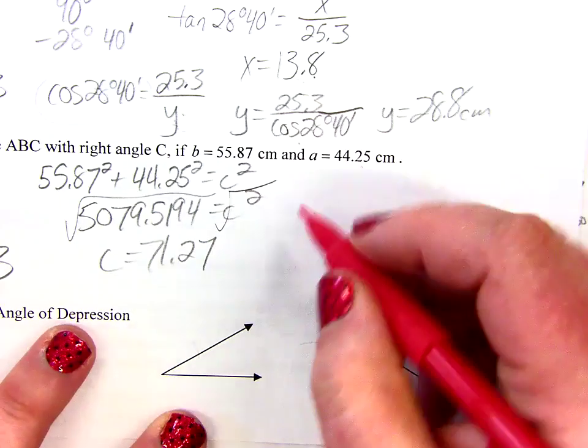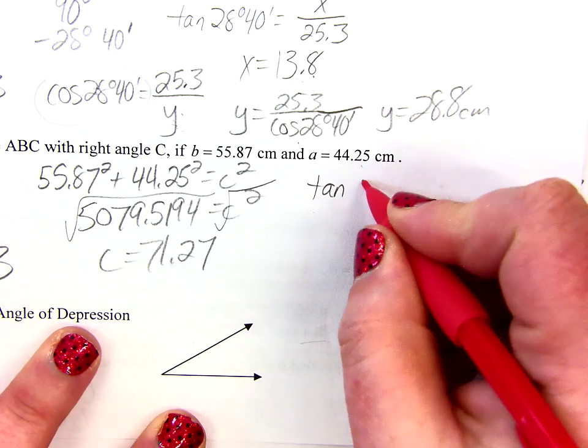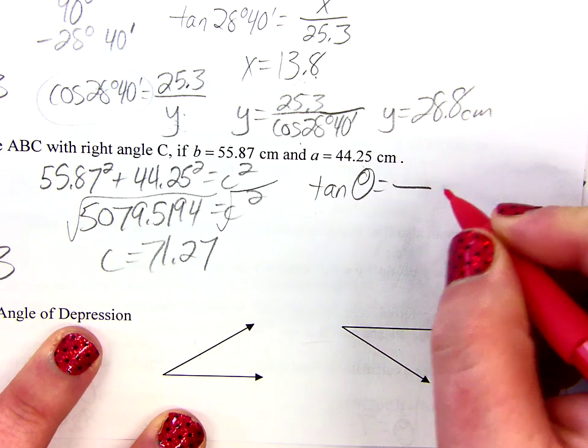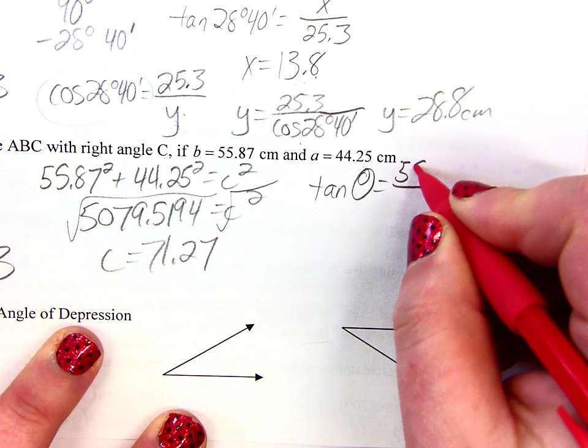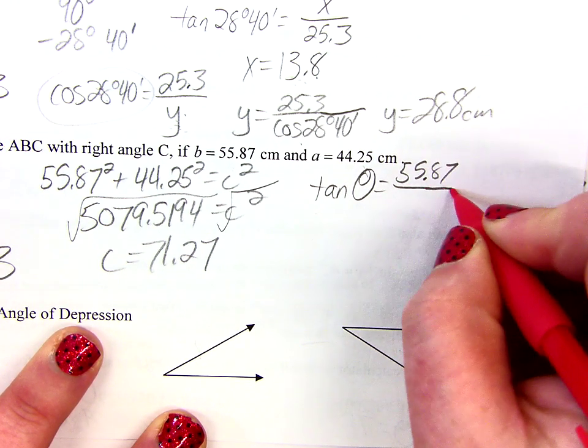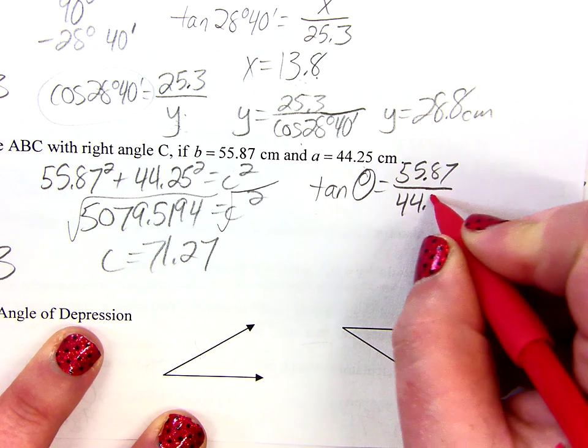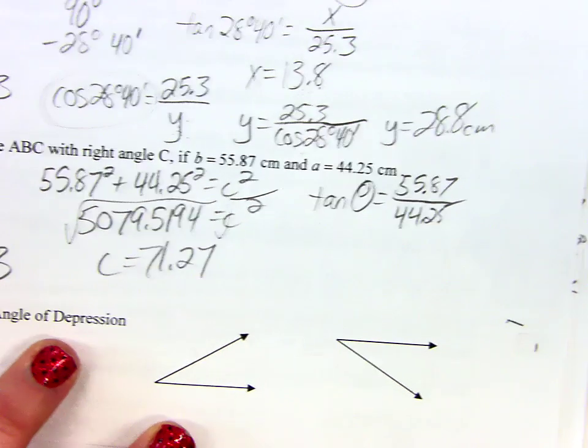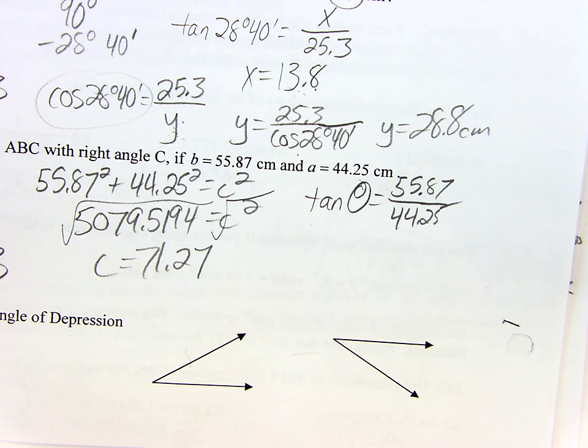So I have tangent of my missing angle, I'll call it theta, equals the opposite over the adjacent. And now I should be able to do that on the calculator, right? What are the series of buttons that I hit?